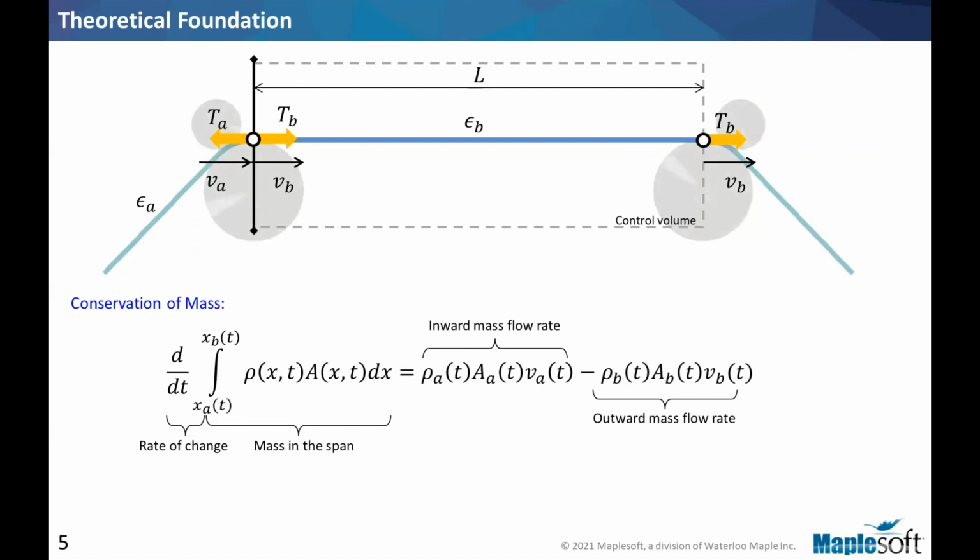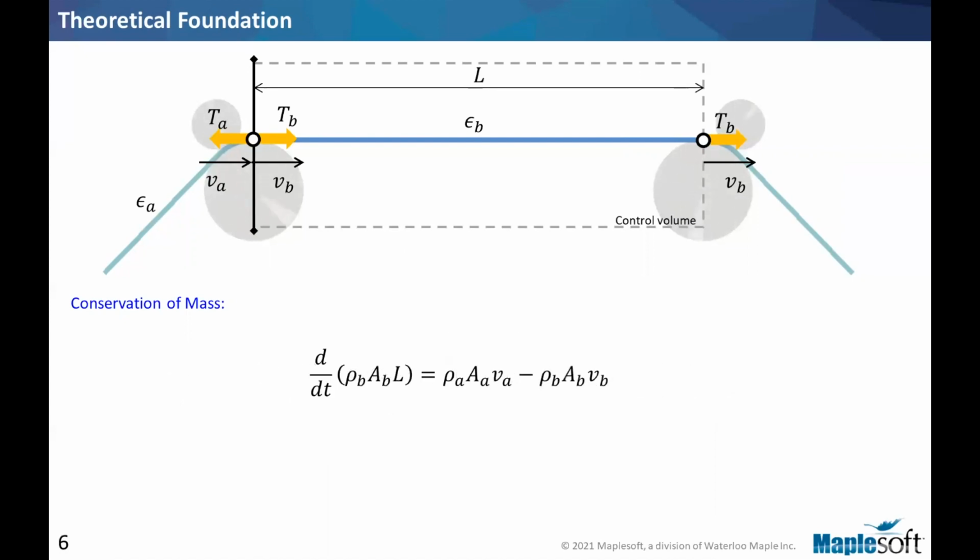We are dependent on time, but we're not dependent on position. So we can immediately simplify the integral. And because we are only dependent on time, we can leave out the time notation for simplicity, and we get this simple equation. Everything is time dependent, but let's see what we can do with this.